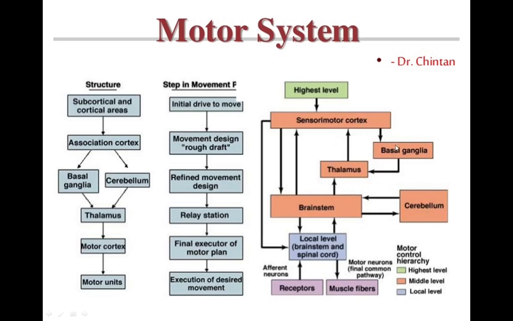It speaks volumes that whatever movement is planned, initiated, programmed by the motor cortex is actually being regulated by the basal ganglia and cerebellum. Modified, regulated, refined by these two important higher centers.